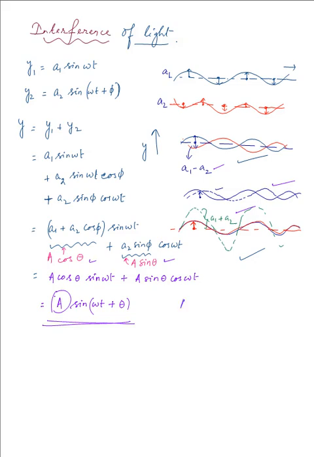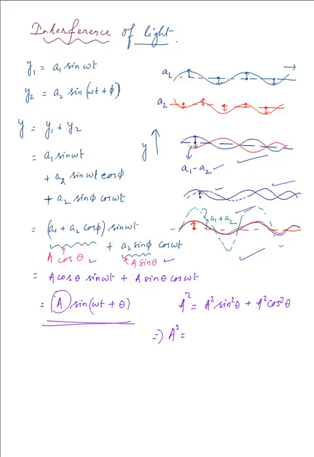Now A is equal to the root of A squared sine squared theta plus A squared cosine squared theta. I'll avoid the root, I'll just keep it as A squared. And then what I know is that A squared is going to be the square of all those terms that we have.